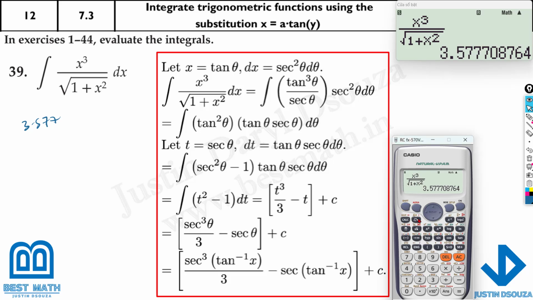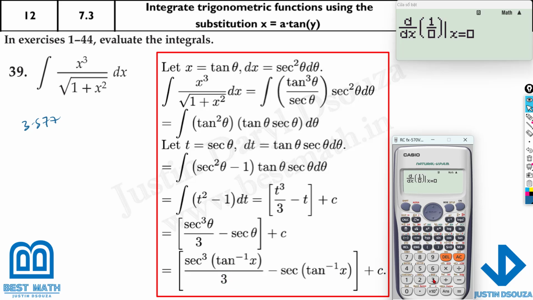Now here, when we press shift d by dx, we can't directly write this. Whenever we have secant to the power or anything, write the fractions first. It's 1 by 3. I've written the fraction, that 3 outside, done. Multiply it with what? It is secant, so it'll be 1 by cosine. But if it was secant inverse, then I should have written cos inverse. But here it's secant only, secant to the power 3.